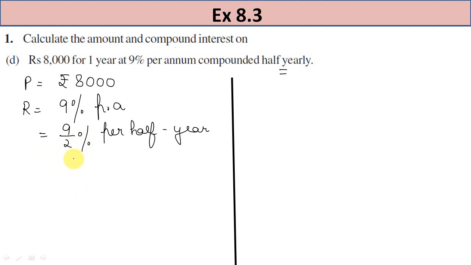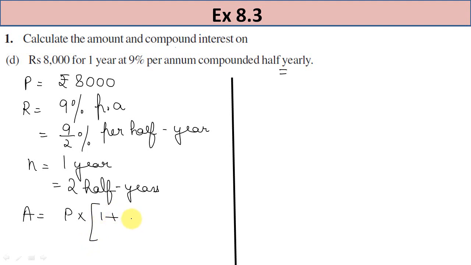Now time given to you is 1 year. 1 year means 2 half years, right? Now amount का formula क्या होता है? Principal into bracket 1 plus rate upon 100 bracket close raised to the power n.